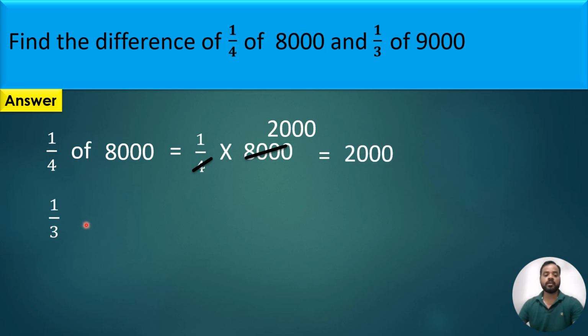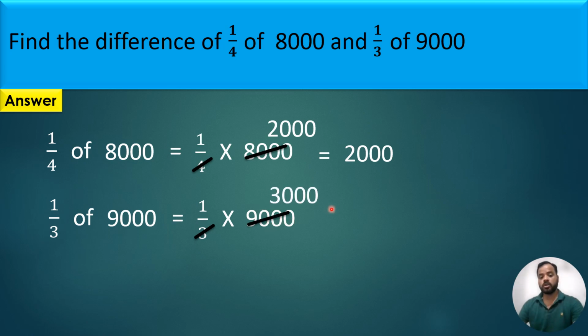Now we calculate 1 by 3 of 9000. So 1 by 3 of 9000: of means multiplication. So 1 by 3 into 9000. When we cut 9000 by 3, what we get? 3 1s are 3, 3 3s are 9, and 3 zeros. So 3000.